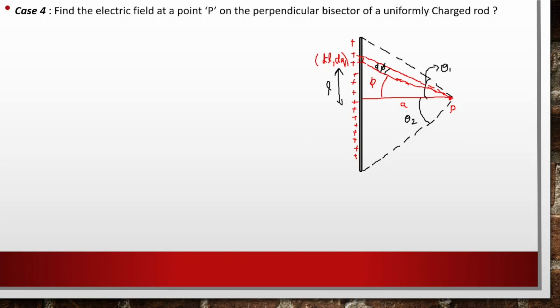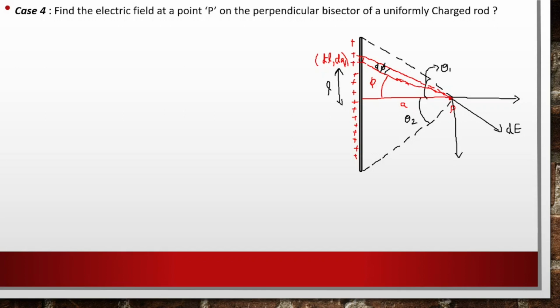Now due to the small length element dl, an electric field is experienced at point P, which has this direction, and it is dE. Since this is a vector, we can take components of this. These will be the two components.